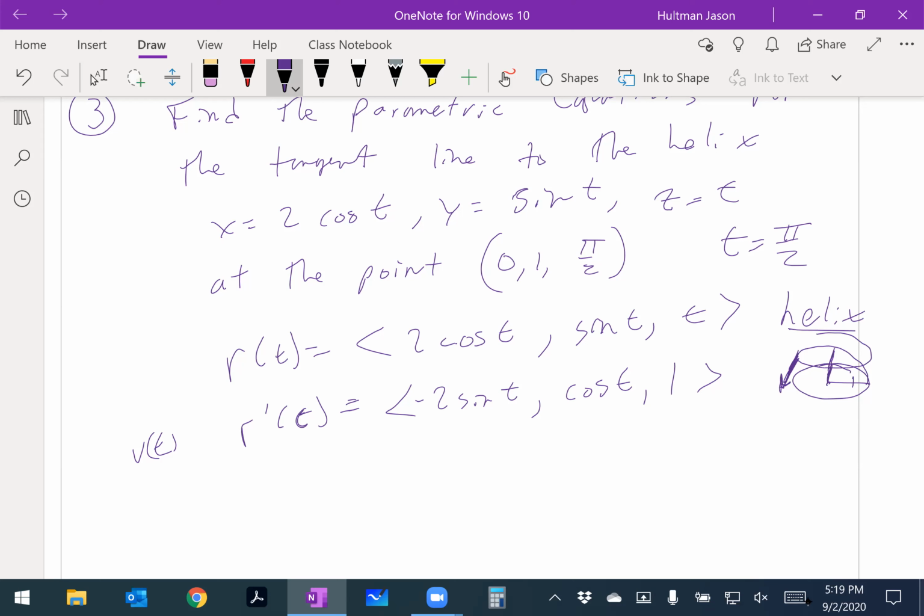Okay, so what's r prime? Well, first of all, what's r prime of pi over 2? So this is going to be the slope of the tangent line. Okay, you can think of it as slope, although slope is just changing y over changing x, but this is actually changing x, changing y, and changing z all at the same time.